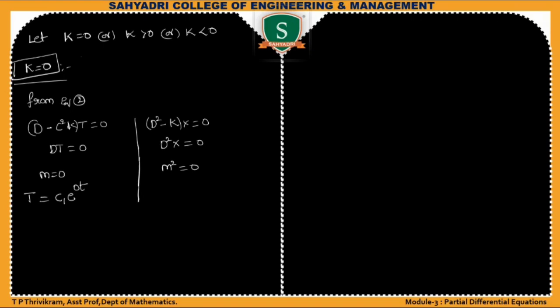Here also, when the solution is repeated, how to write? x equals (c1 plus c2x) into e power 0x. Here instead of c1, c2 we'll get c2, c3, since c1 is already used. So x is equal to c2 plus c3x.